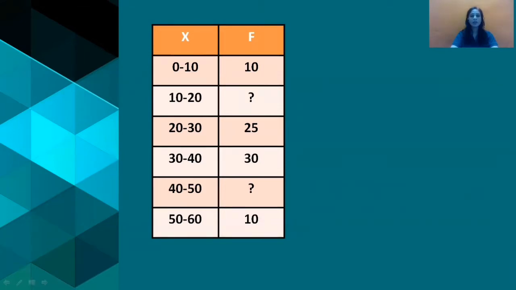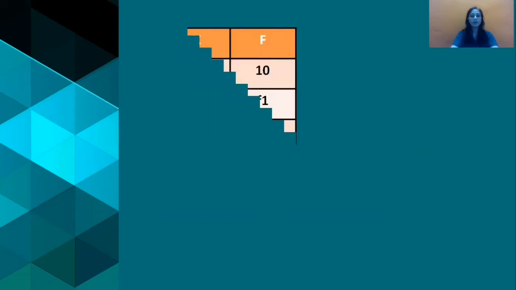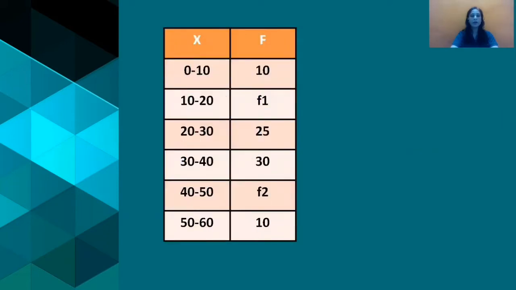Now in the second column you can see for two classes 10 to 20 and 40 to 50, frequency is missing and question marks are put. So we need to replace these two question marks. Again I am making an assumption that I am replacing the missing frequencies by f1 and f2. So now in place of the question marks I can put f1 and f2.